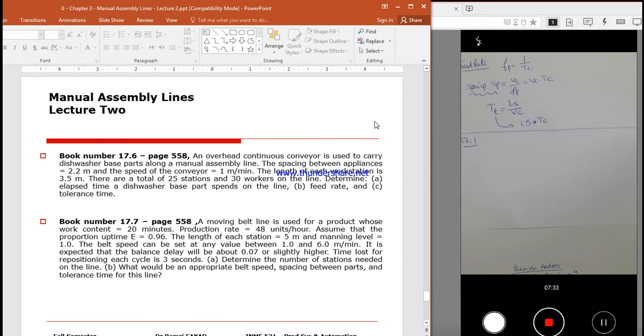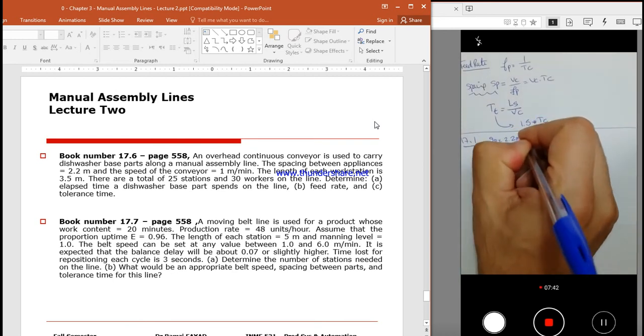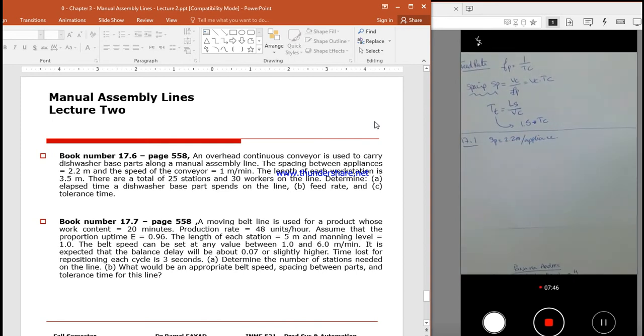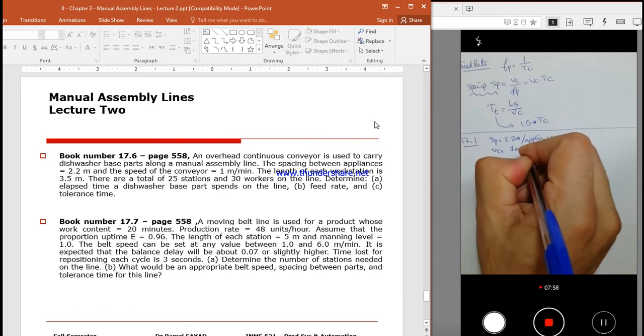The spacing to start with is equal to 2.2 meters, so the spacing is 2.2 meters between one dishwasher and the next one next to it, and the speed of the conveyor VC equals 1 meter per minute.